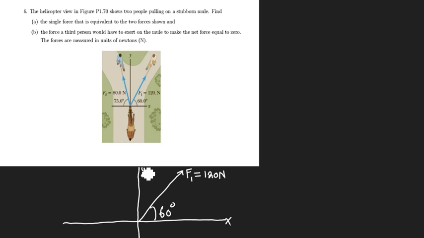And then I also have another force, a person pulling in this direction. This force is F2, and it is equivalent to 80 newtons at an angle of 75 degrees.